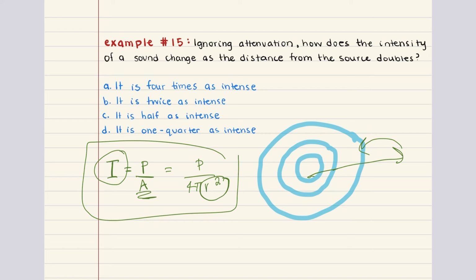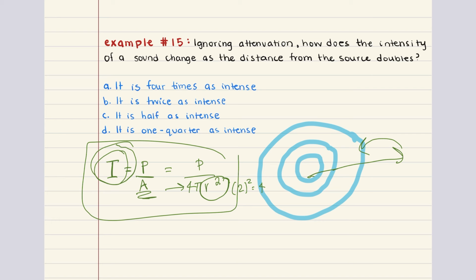When the distance doubles, the surface area of the sphere increases by a factor of 4 because 2 squared is equal to 4. As a consequence, the intensity decreases to 1/4 of its original value because the same amount of energy is now spread over 4 times the area.